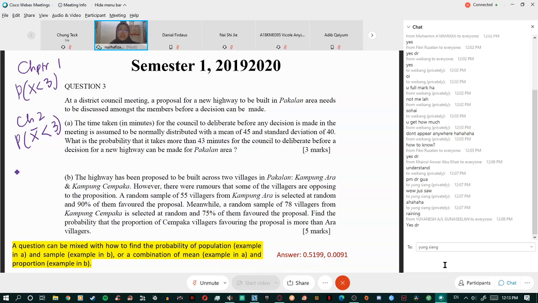Normally for the population we say previously it is known that. If you see these words, normally the mean and the variance are for the population. For samples, normally we have randomly selected, something like that. Here we have a random sample selected at random. That one is for the sample.